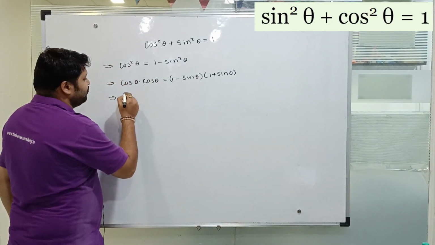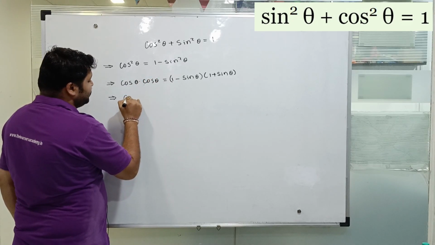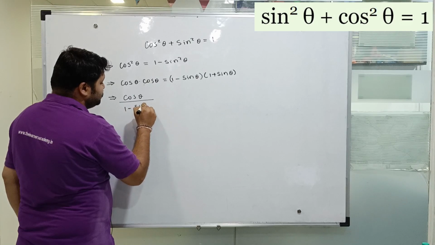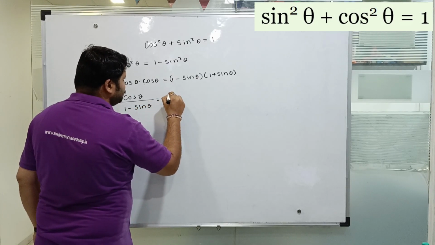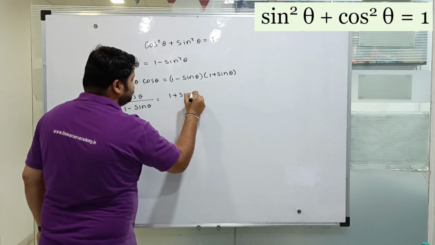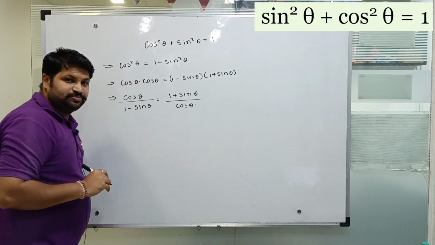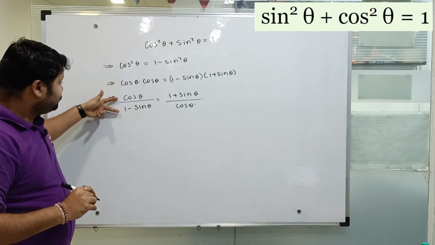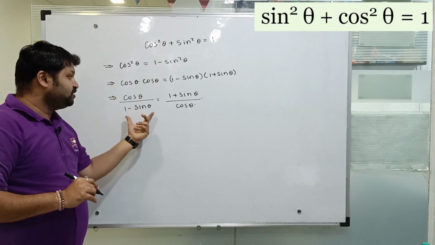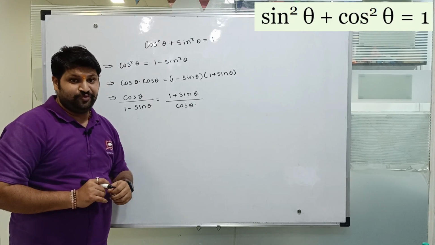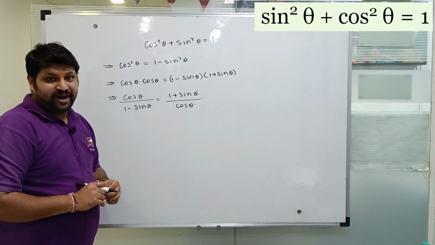So further we can simplify it and write cos theta divided by 1 minus sin theta is equal to 1 plus sin theta divided by cos theta. So both these forms can be used. This form particularly is very important when it comes to proving, which involves fractions.